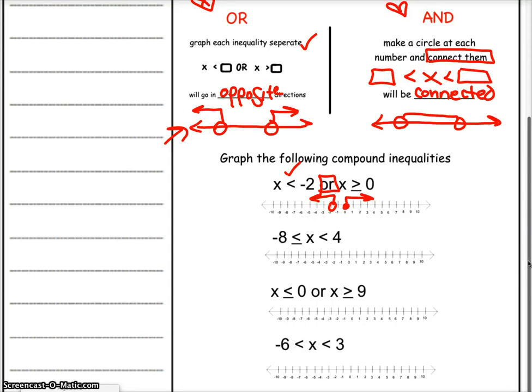This next one is an and graph. So I know that it's going to look like the following. X is stuck in the middle. So I'm going to make a circle at -8 and a circle at 4. At -8, I have a circle that's colored in because there's a line. At 4, I have a circle. And now I connect them. And I just double check. It sure looks like an and to me.